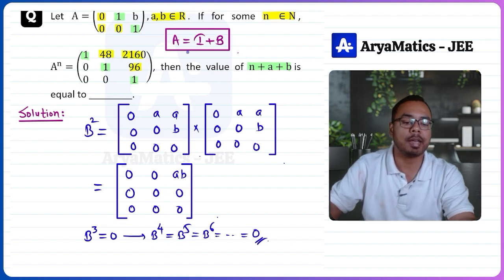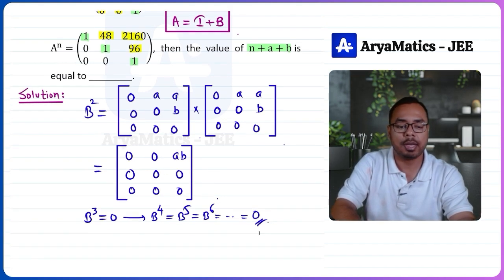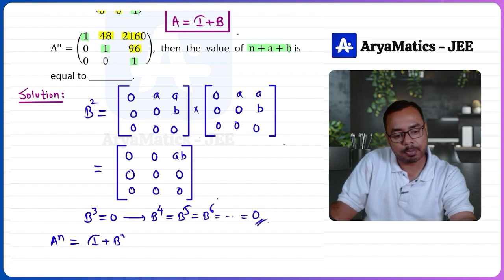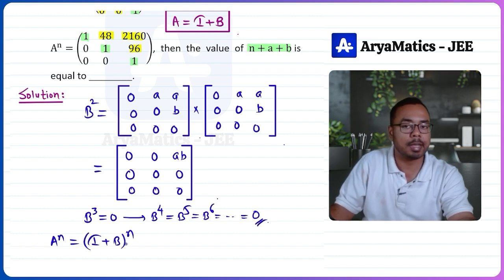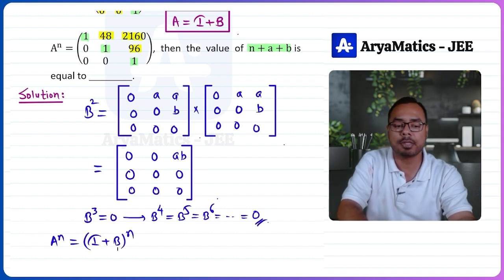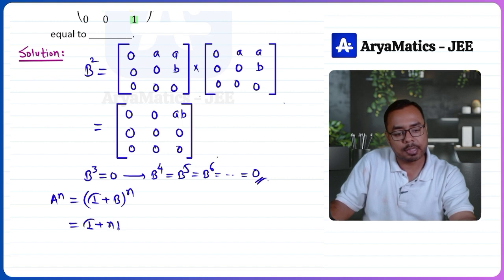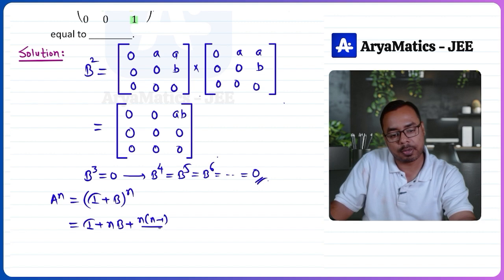So now if I have to calculate A raised to n, we can use the binomial theorem. A raised to n we can write as I plus B raised to n, because I and B are commutative matrices. So we can use the binomial expansion. This will become I raised to n, plus nC1 into B, and then nC2, meaning n into n minus 1 by 2, multiplied by B square.